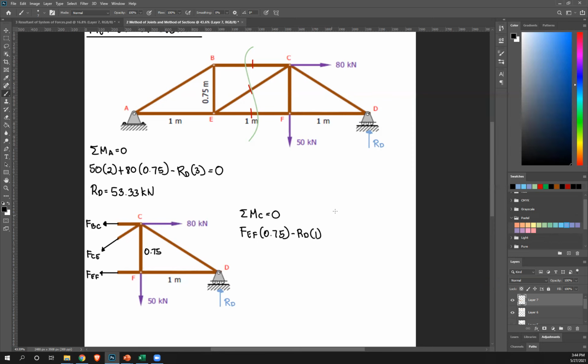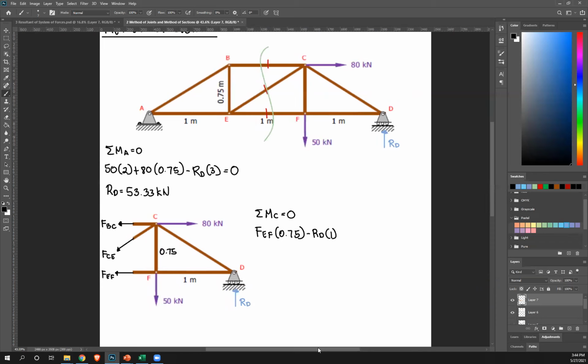So RD times 1, considering RD is 53.33. By the way, try to store this value, so that our answers are uniform. Using the stored value of RD, equate the sum to 0, I can solve for FEF. Please solve for FEF.